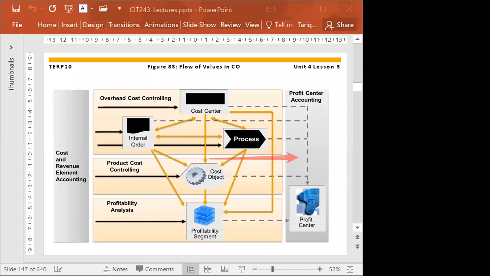Soap B, based on the activity-based processing, will take its own cost. So in this way, every product will have its own cost. That is what we call activity-based costing, or anything that happens in the processes.